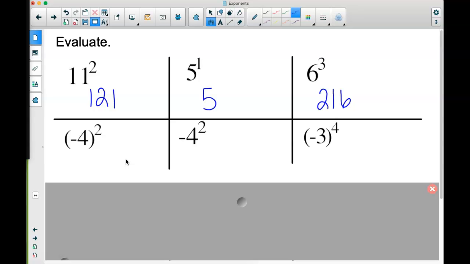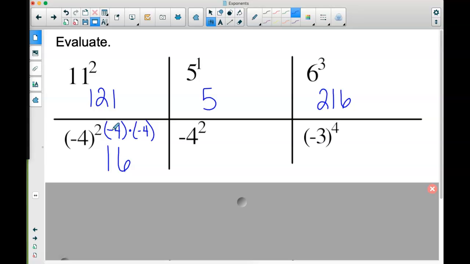I'm seeing either 16 or negative 16. And in this case, it is positive 16. Remember, when you do negative 4 in parentheses, that really means negative 4 times negative 4, which ends up being positive because two negatives make a positive.